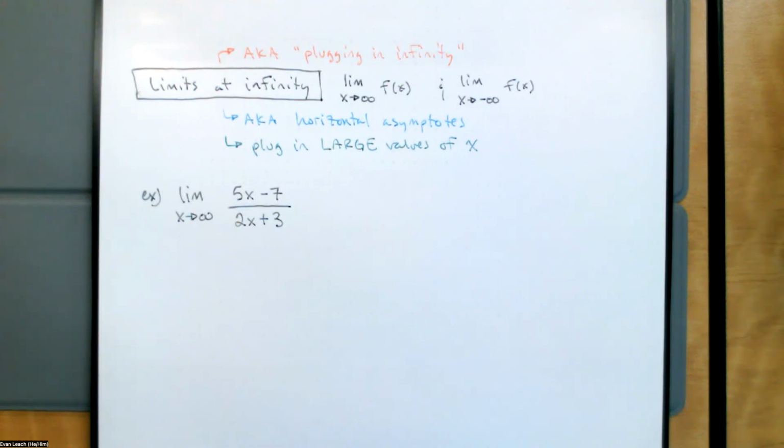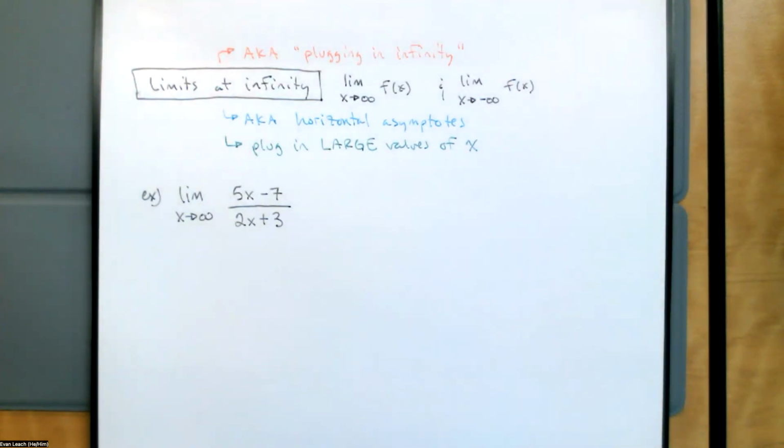Ugh, that's negative $2. That negative 7 was a big deal. The larger x gets, the less important the negative 7 becomes. For large values of x, the only thing that matters is the 5x. That's one of the ways that we're going to think about it.